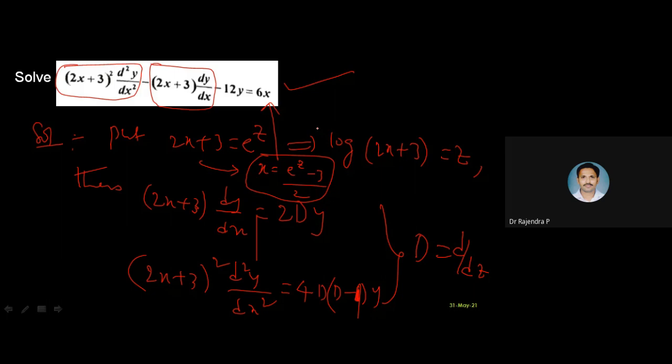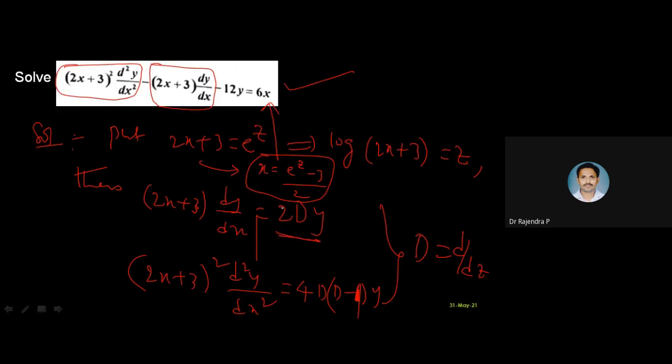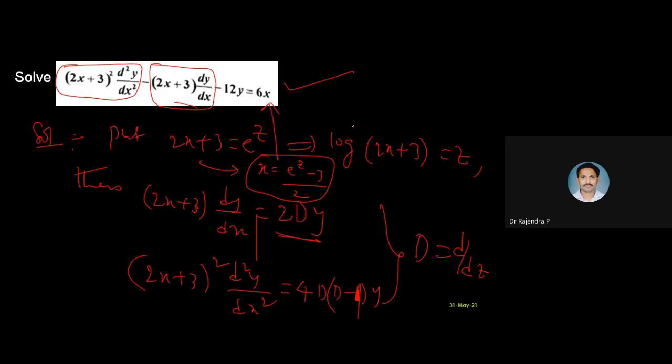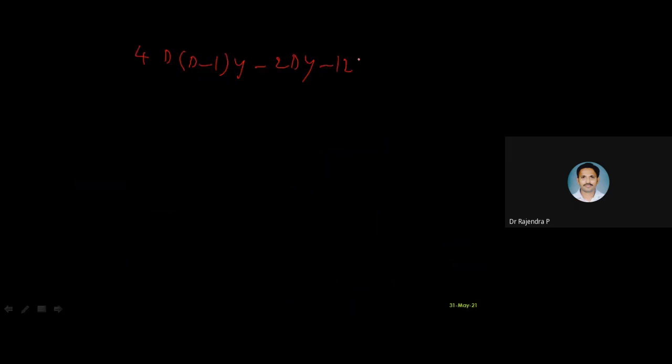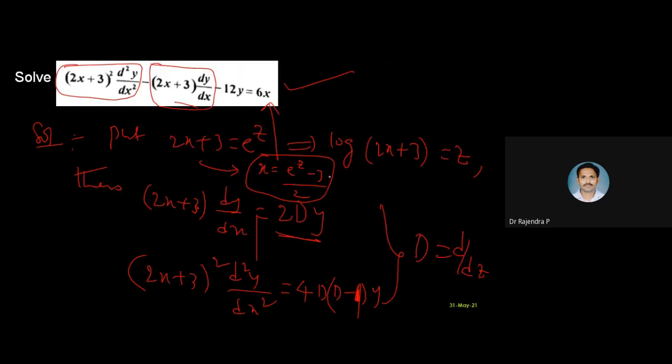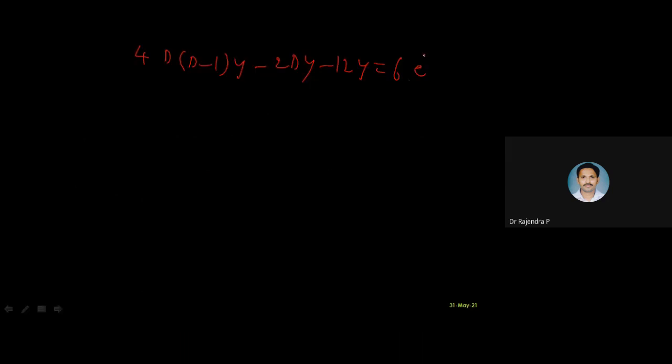Got my point? So now if I take these values, in this place we have 4 into d minus 1 into y, minus 2 dy, minus 12y, which is equal to 6 times x, solved here as e power z minus 3 by 2.